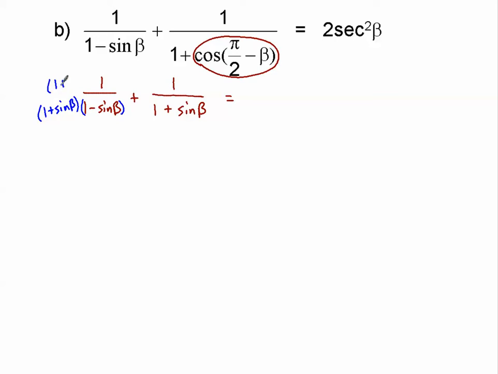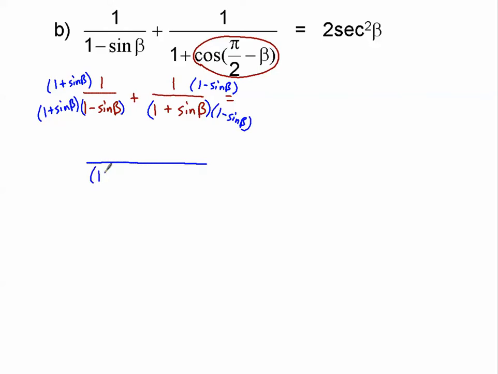Got to do top and bottom, numerator and denominator. So now it'll have both of those. This one has the 1 plus sine, but obviously it's missing the 1 minus sine. So I'm going to go ahead and multiply in the 1 minus sine factor, top and bottom. And now both of these fractions will have the same denominators.